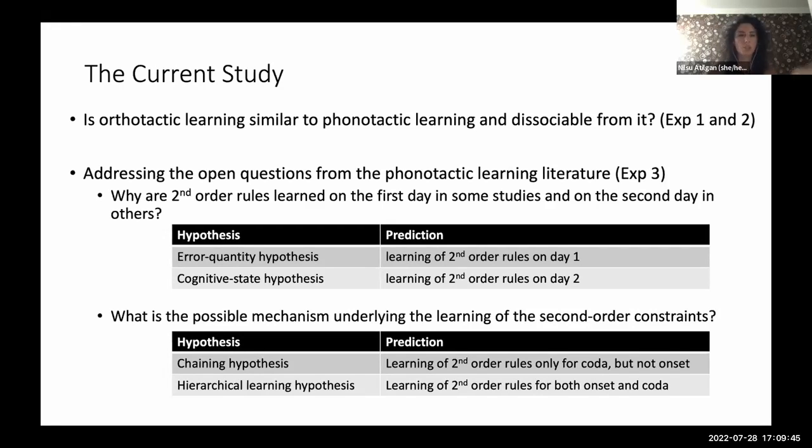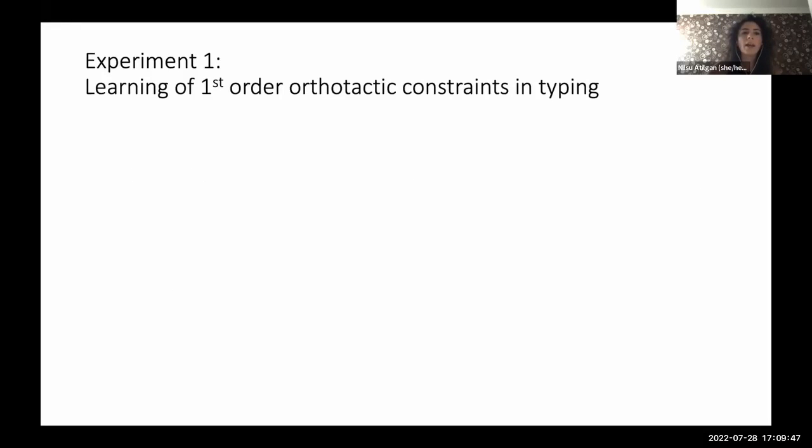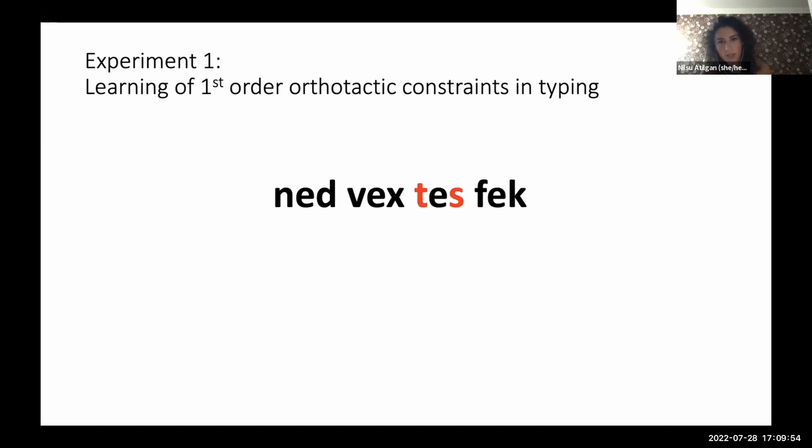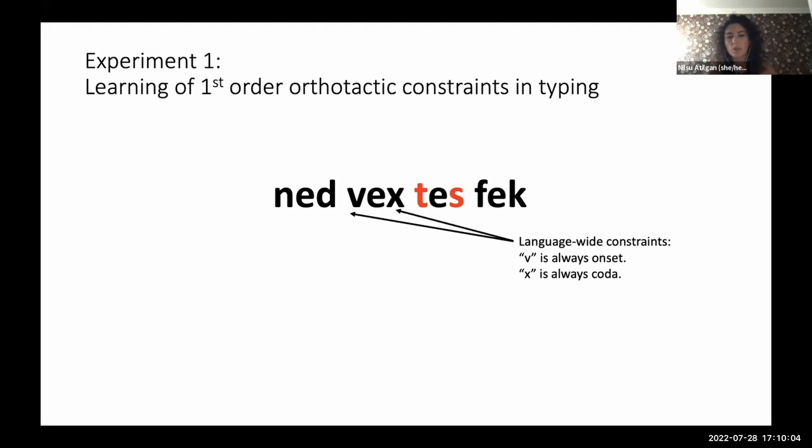So now switching to our experiment 1, we looked at the learning of first order orthotactic constraints in typing. Similar to spoken production studies, we had a sequence consisting of 4 nonsense syllables, and we had similar embedded constraints. So the first one is the language-wide constraints. For our study, it was V is always onset and X is always coda.